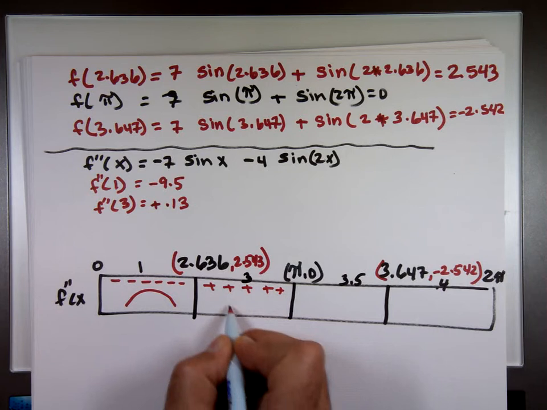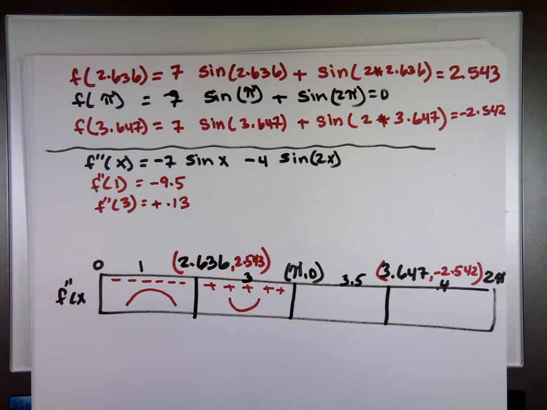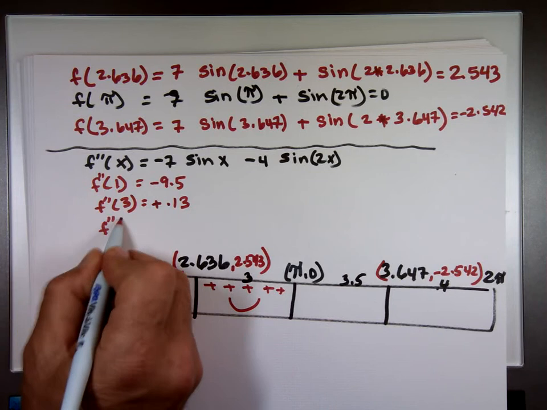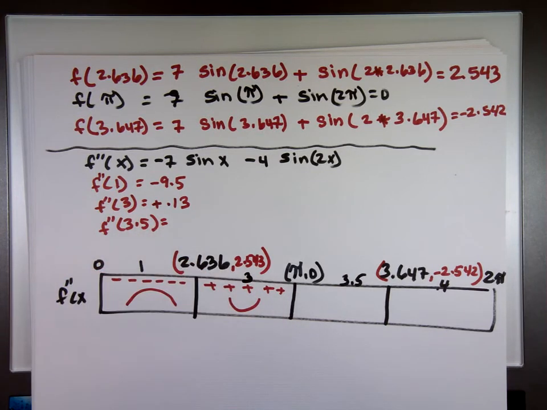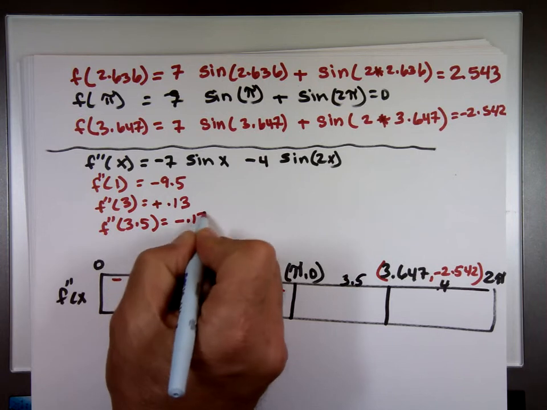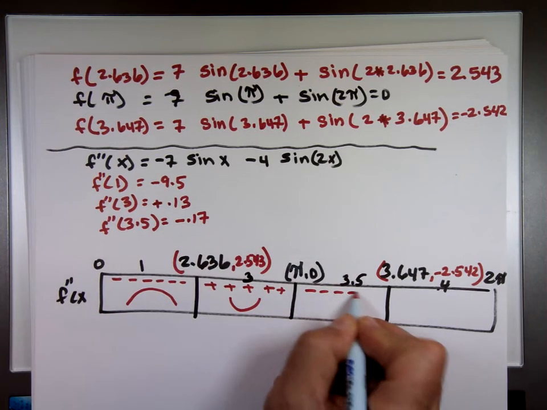Concave upward. At 3.5: negative 7 sine 3.5 minus 4 sine 7. Negative 0.17. Concave down.